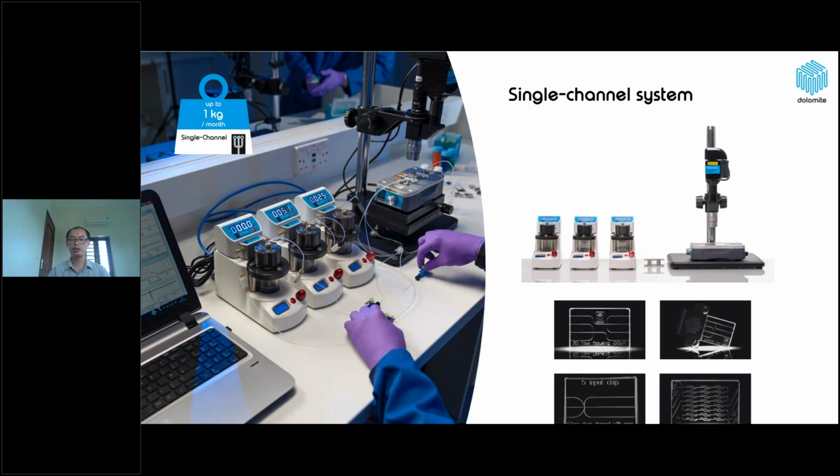In this system, we have 3 basic pressure pumps: 1 for the inner phase or droplet phase delivery, the second for the continuous phase, and the third can be used for many purposes, like introducing a third component or reagent into the microfluidic chip, or for priming or flushing before and after the experiment.